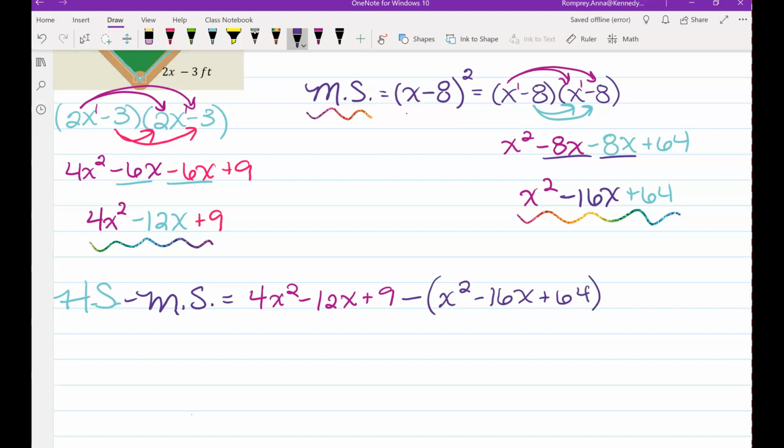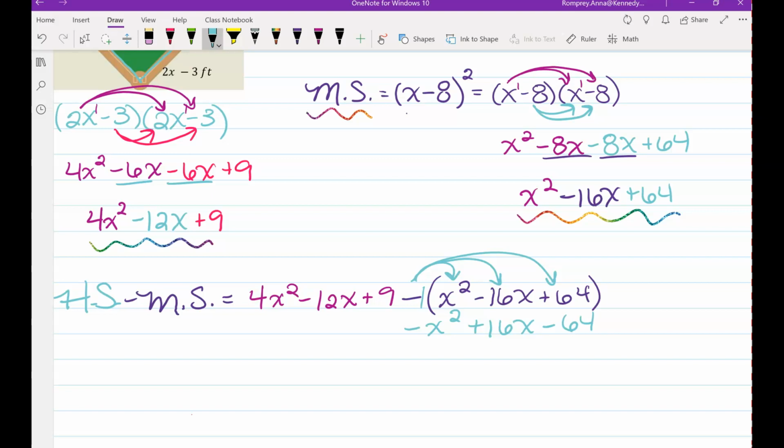I'll keep saying this till I'm blue in the face. You've got to put it in parentheses or else you'll forget and you'll only subtract the first one. But we're subtracting all of middle school, which means we must distribute this negative 1 to each of the terms. So we have a negative x squared. Then we actually have now a positive 16x and a negative 64.